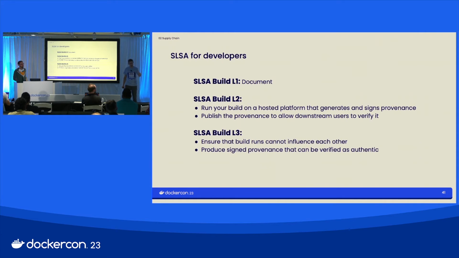You don't want something poisoning that cache and then ending up in your artifact later because someone was able to influence that build through another build. And then you also have to produce the signed provenance that can be verified as authentic. So not only can they verify that it happened on your system, but they can verify that your system is who it says it is. And we'll talk more about what that looks like later.